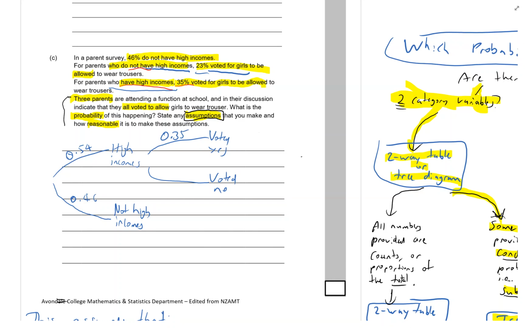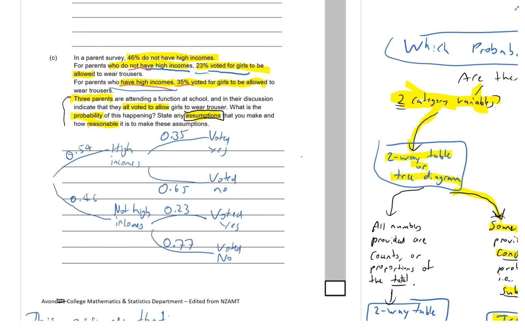So it's going to be the other 65%, isn't it? So 0.65. Again, writing it as a decimal. Now, amongst the not high incomes parents, what proportion voted yes? 23%. And so the other 77% must have voted no.